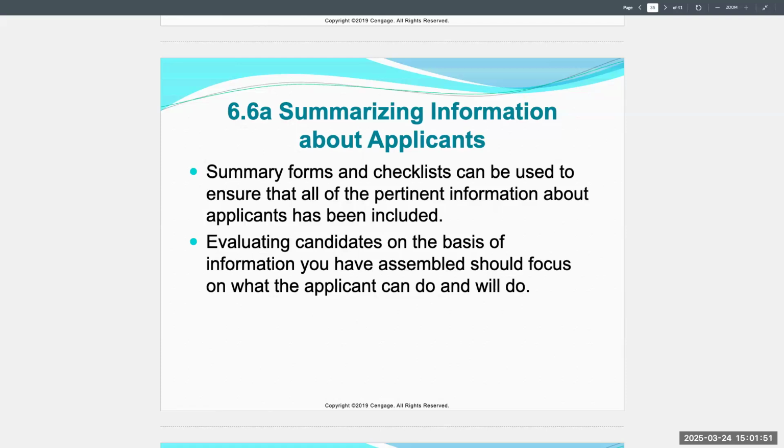So, evaluation should focus on what the applicants can do, their technical competencies, and will do, their motivations and values. Too often we're tempted to base our decisions solely on likability or gut instinct. While rapport matters, we must resist overvaluing it and instead anchor our decisions in evidence.